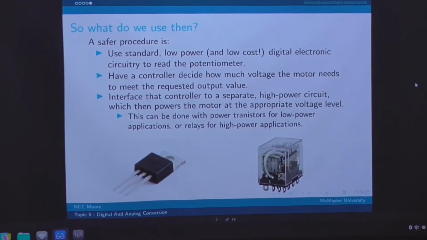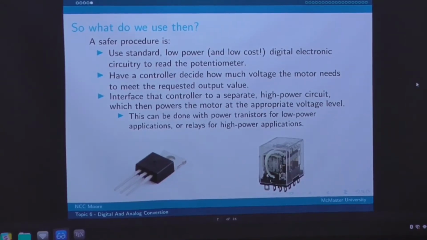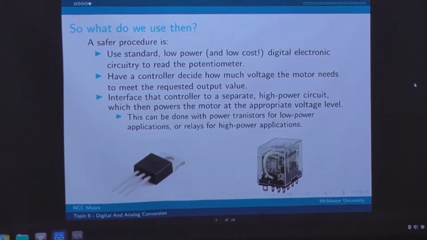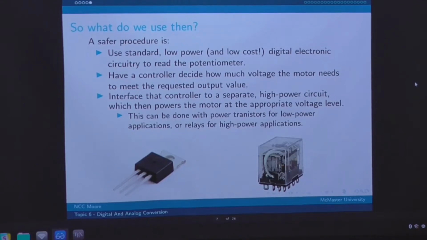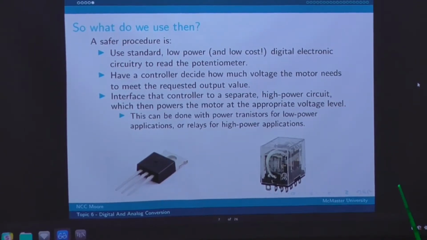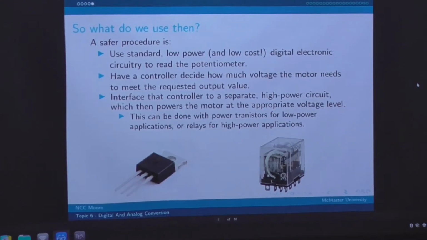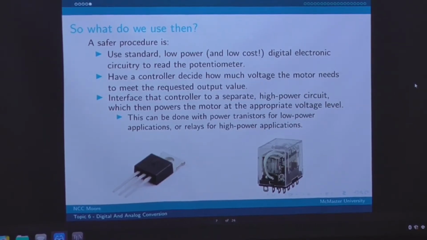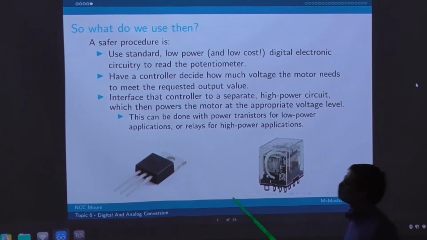I see some shaking of heads. No. What do you get from a DC motor if you apply a constant voltage to it? What is constant about that motor? The rotation? Angular velocity. Yes, absolutely. So if position is what you want to control, just running voltage to it isn't going to accomplish what you want to accomplish.